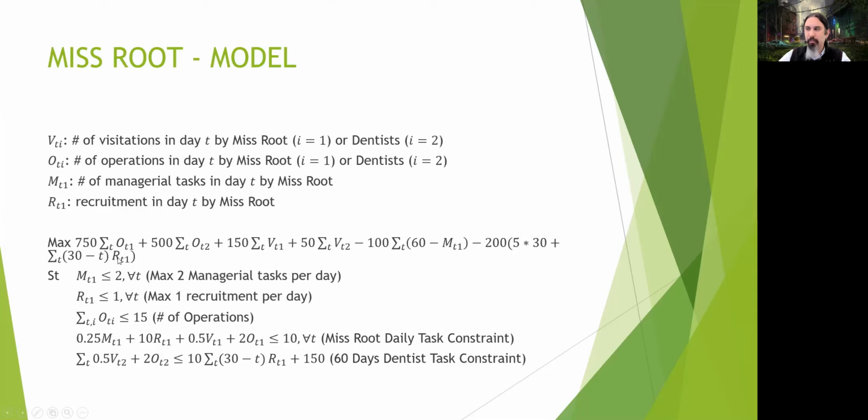I'm going to pay them for each day they work, which is 30 minus T. So if I'm recruiting someone on day 1, I'm going to pay that person 29 times 200. If I recruit someone on day 10, I'm going to pay them 20 times 200, all right? So this is the wages part. These are the initial dentists that I have, and these are the dentists I have recruited. So this total is going to be my profit.